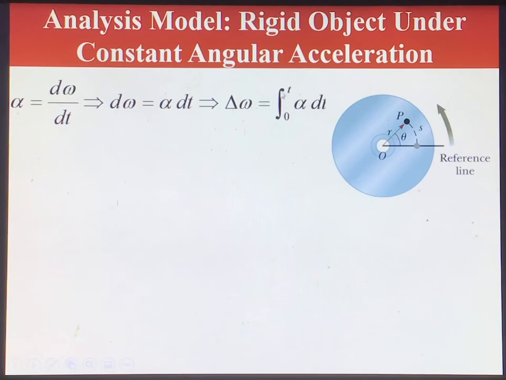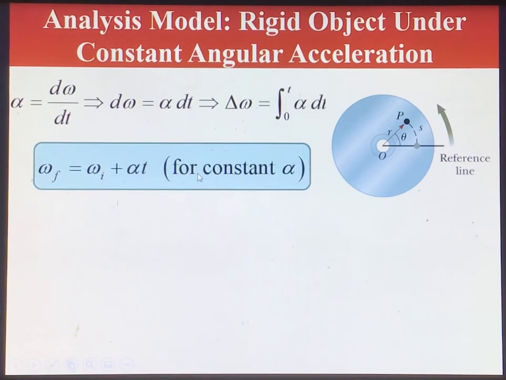If you do this integral, because alpha is constant, you obtain this equation: omega final equals omega initial plus alpha times t. So whenever alpha is constant, I can use this equation to calculate the final value of the angular speed. It's just equal to the initial value plus alpha times t.